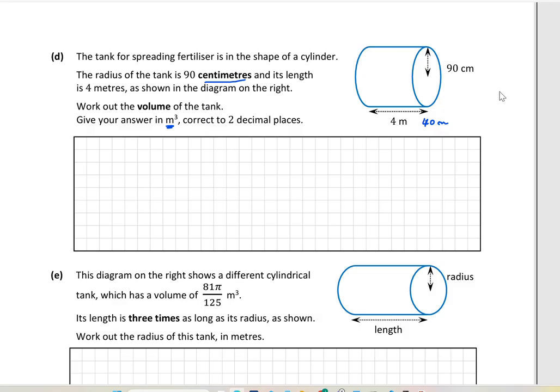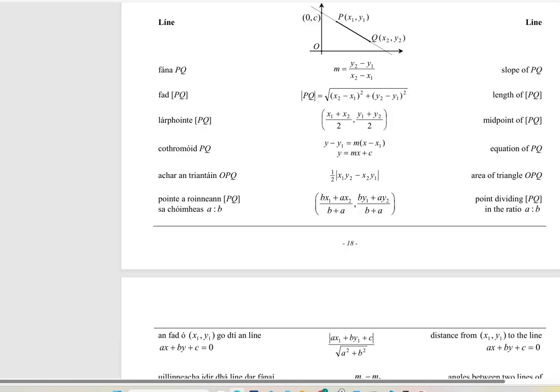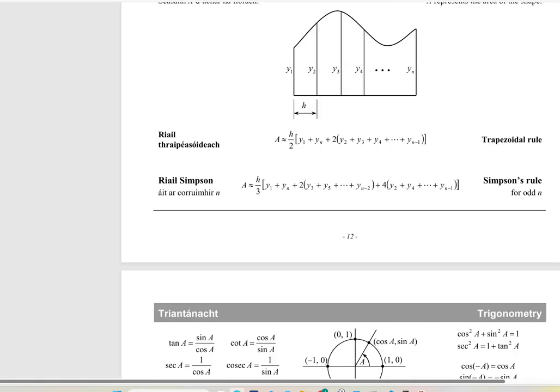Work out the volume. So it's 90 centimeters, so I could change this to 0.9 meters. Let's do it like that. If I go to my log tables, just in case you've forgotten, this is given to you.